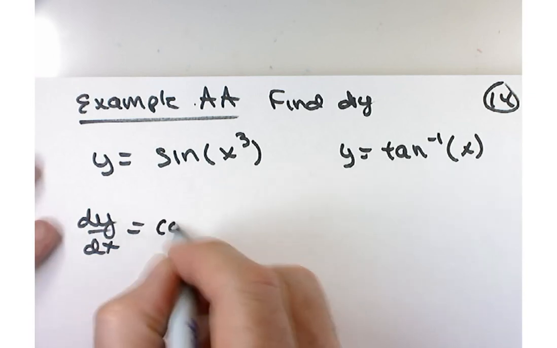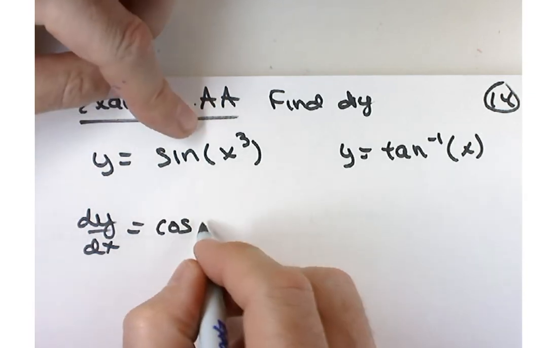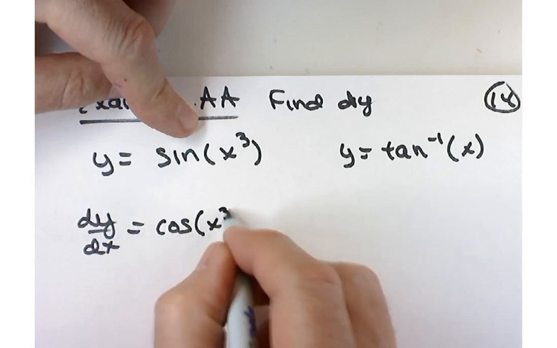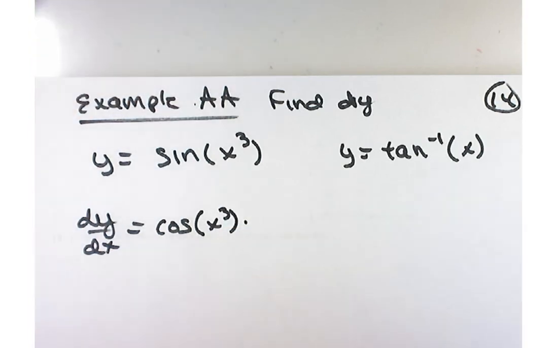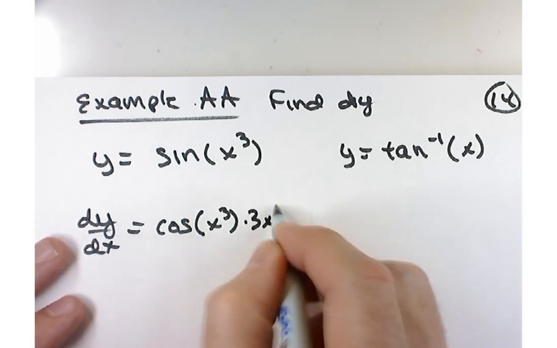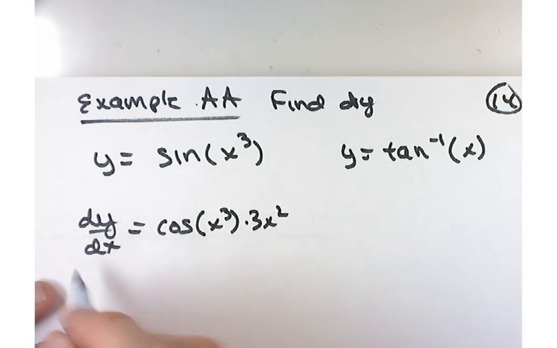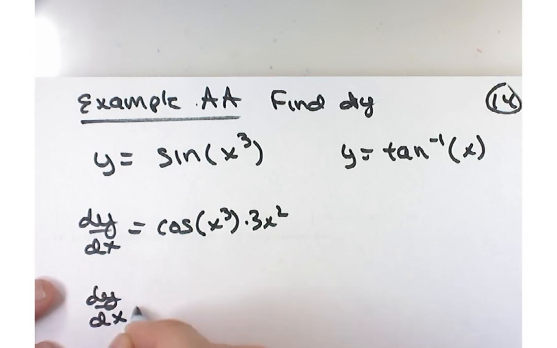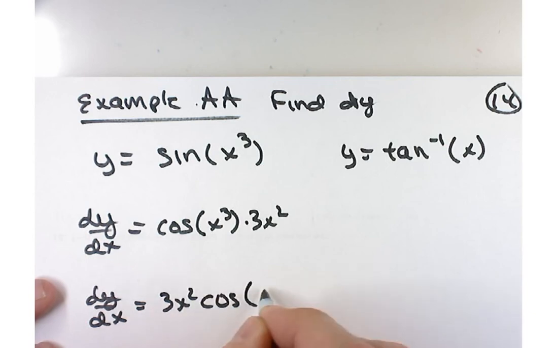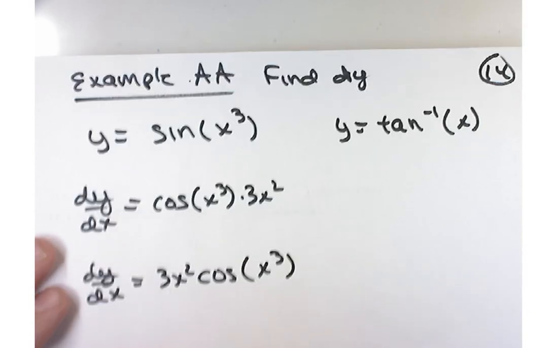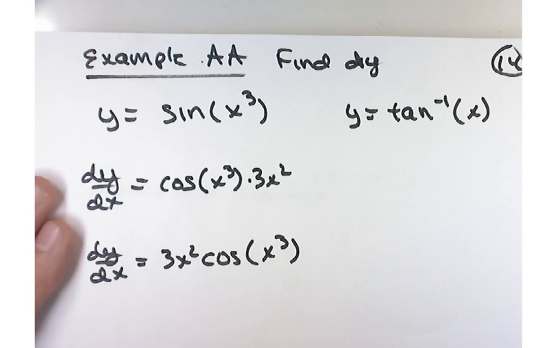It's going to be derivative of the outside, which is cosine, of the inside, times derivative of the inside, which is 3x squared. But if you put this answer into WebAssign or on an exam, on WebAssign it'd be completely wrong. On the exam you'd lose a point or 2, because it's asking you to find dy.